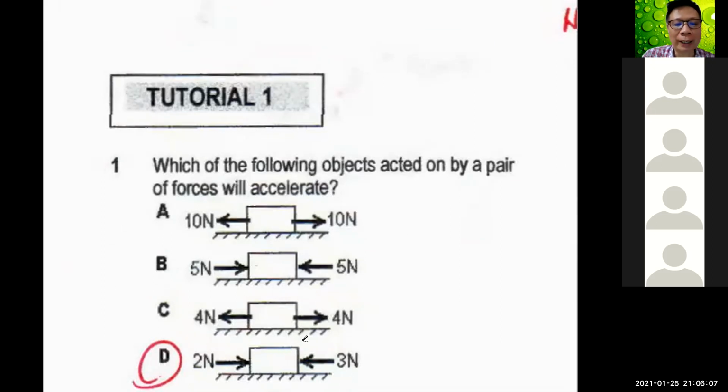This one, when you combine, is not 0: 3 to the left, 2 to the right. When you combine, you will get -1, something like that. It wouldn't become 0, right? When you don't get 0, it means there's a net force. When there's a net force, there is movement. That's why the answer is D. Okay, thank you, Kalai.